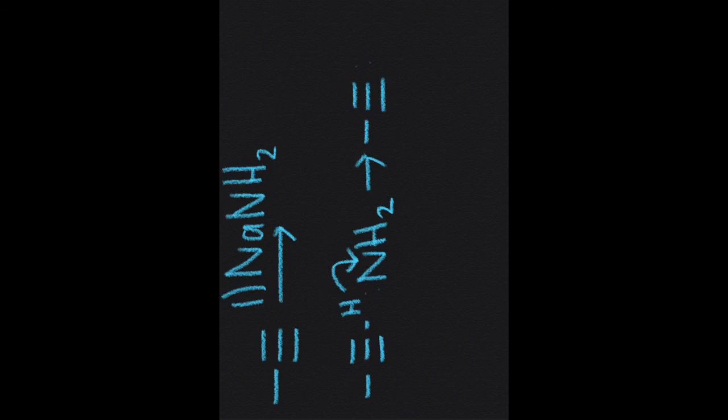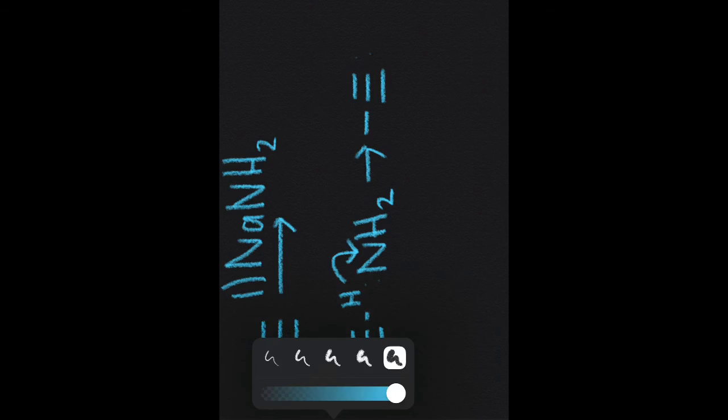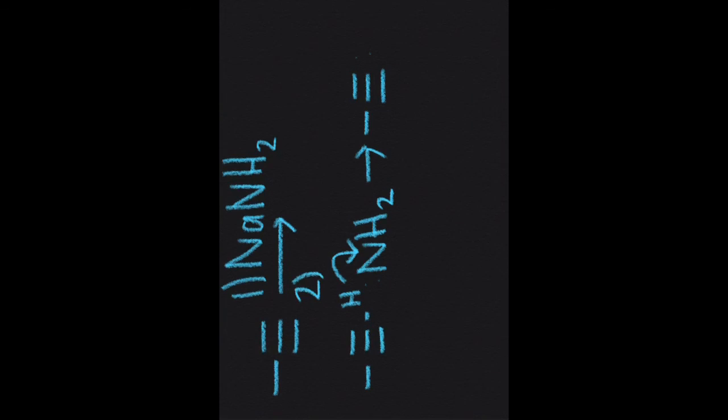And then we add our second reagent, which is RX, and it will add a bond onto this carbon through the electrons, and then this halogen group is going to be kicked off. So in the end we get this alkyne.